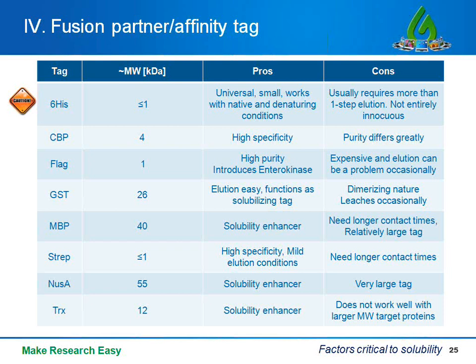And while there is tremendous promise in fusion partner technology for recombinant soluble protein production, this method has its own evils. For example, while a highly soluble tag will solubilize its passenger protein, there is no guarantee that your target protein will remain in solution once the tag is cleaved off, right?